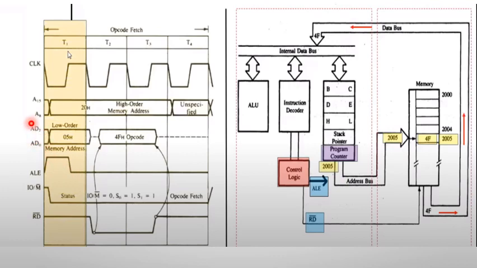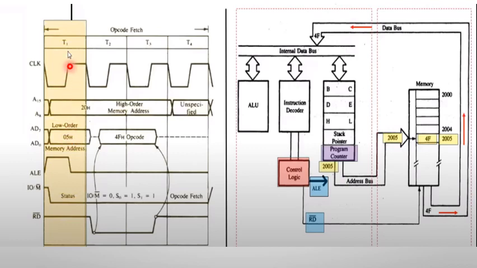During the first half of the cycle, the ALE signal goes high, the multiplexed address bus data line acts as an address line, and it takes the lower order address. In this example, it is 2005, so the lower order address is 05. That particular lower order address is obtained.